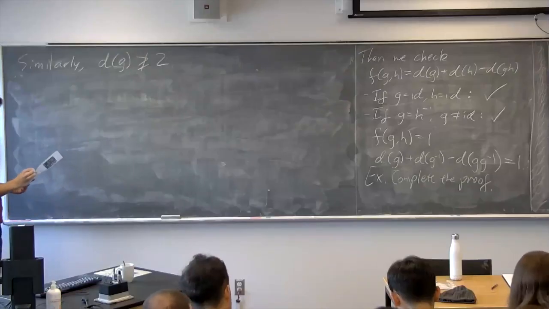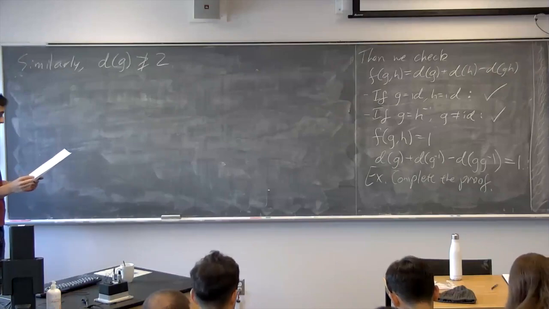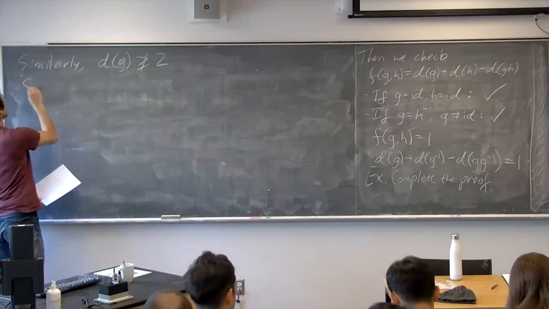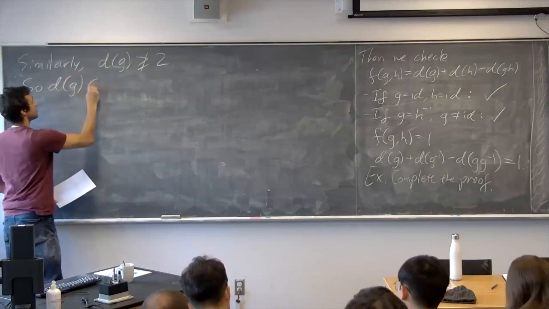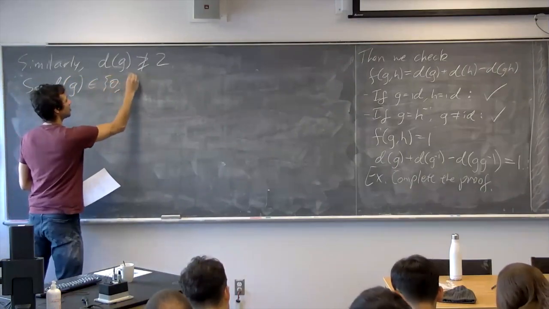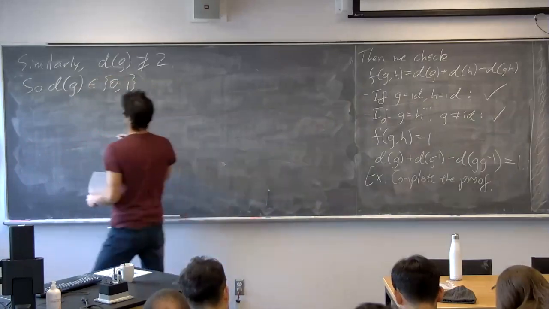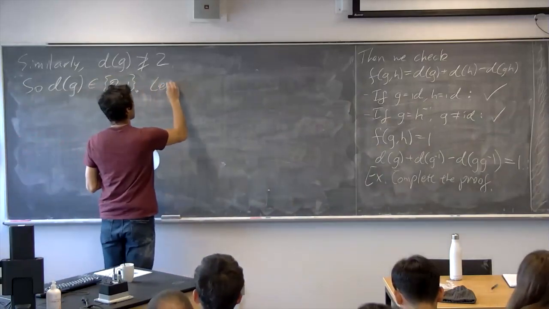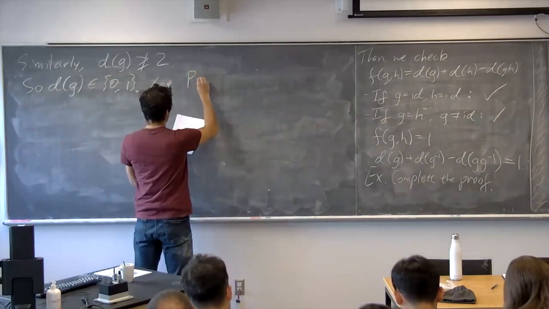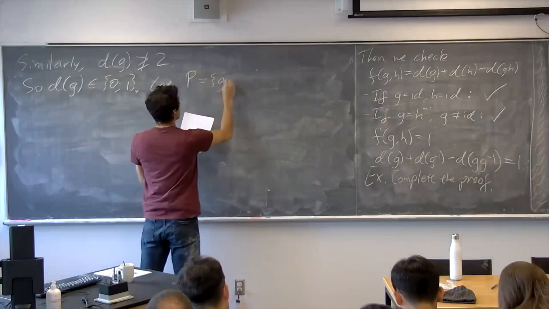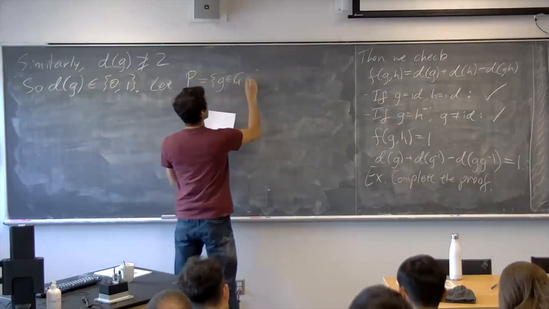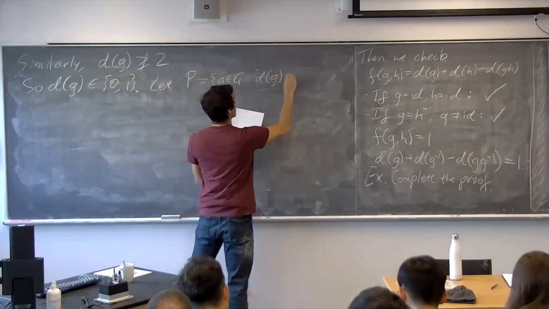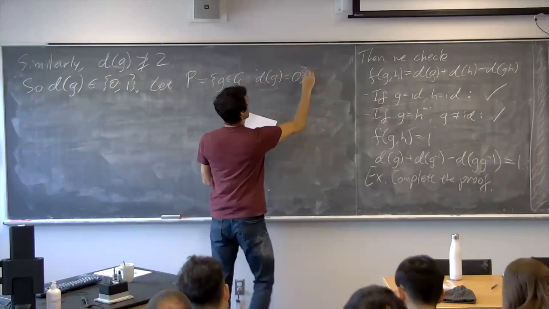Now you know that d of g lives inside 0 and 1, and you use this to define the positive cone. Let P be equal to all the g's such that d of g is equal to 0, without the identity.